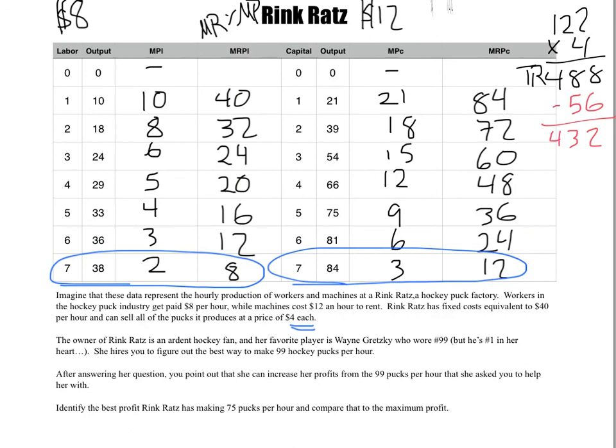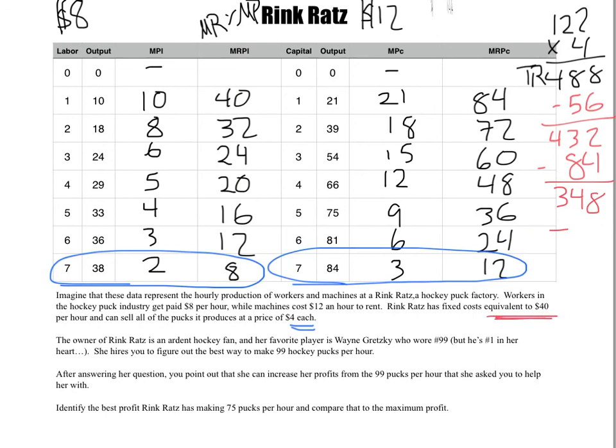But we also want to subtract out our capital. 7 times 12 is 84. And 432 minus 84 is 348. That's not our profit though, because we have to recall that our fixed costs are also listed here.